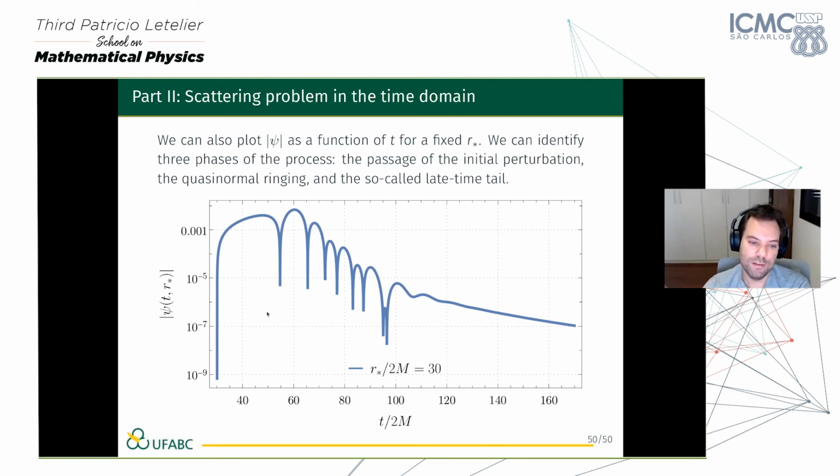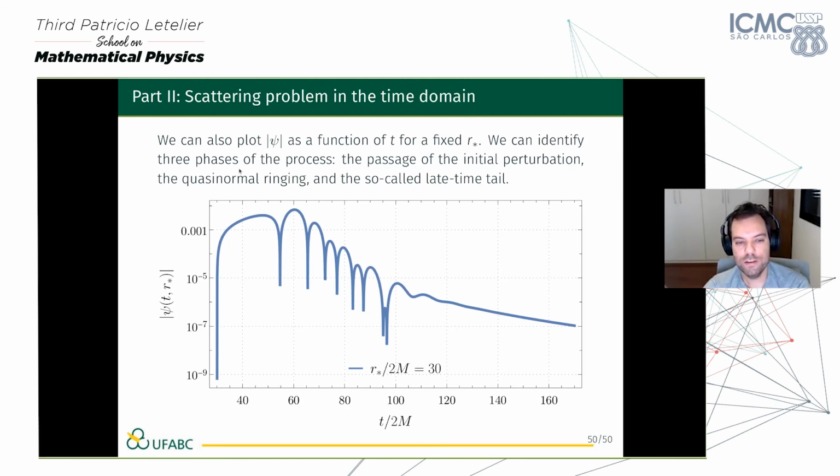And you can see here three characteristic phases of this behavior. The initial part here, I would say up to 60, you have the initial perturbation. So this is the initial pulse that is sent and that is interacting and showing up here.